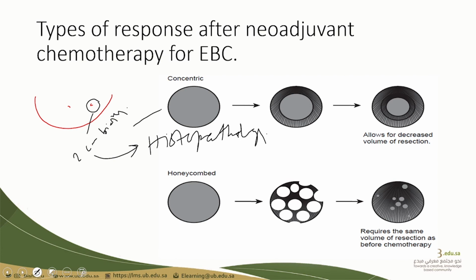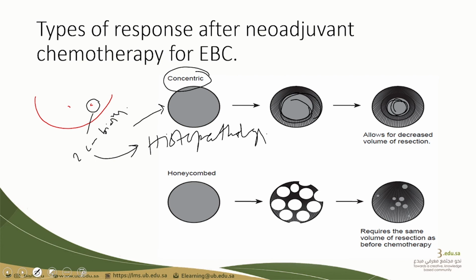There are 2 types of response. The first is concentric response, like a lollipop. Like if you have a candy and you keep it in your mouth for a long time, all of the margins of the candy will regress in the same way. So it will be like this, and it will regress like that.